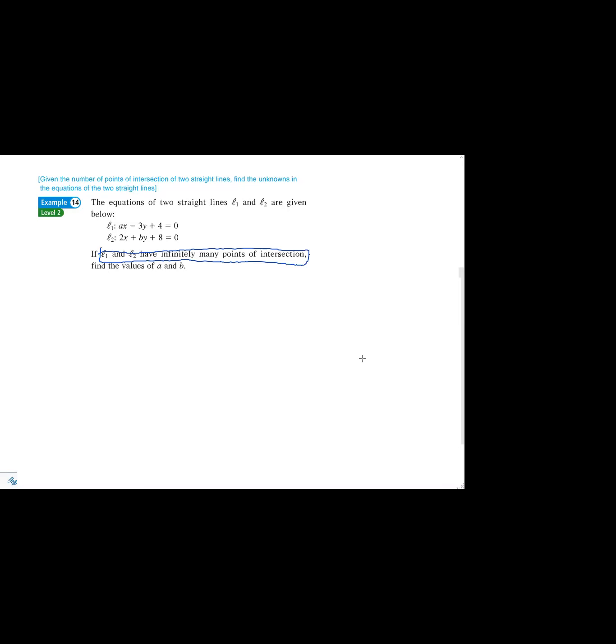It belongs to case 3. Case 3 means M1 is equal to M2 and y-intercept 1 is equal to y-intercept 2, right? So we are going to find M1 and M2 and y-int 1 and y-int 2, and then compare them and put them together to be equations.